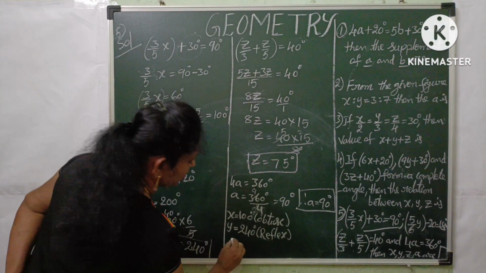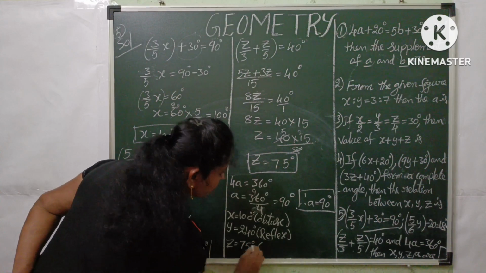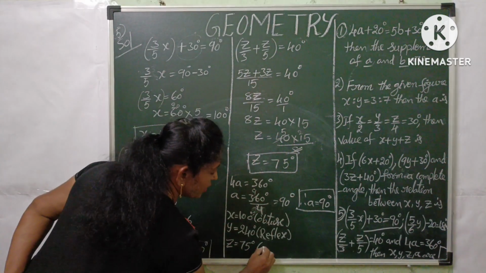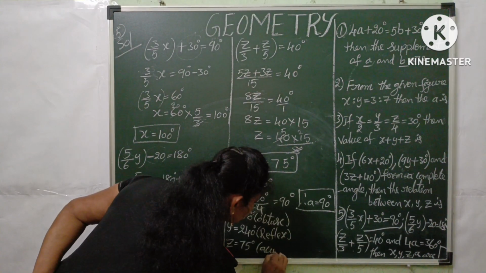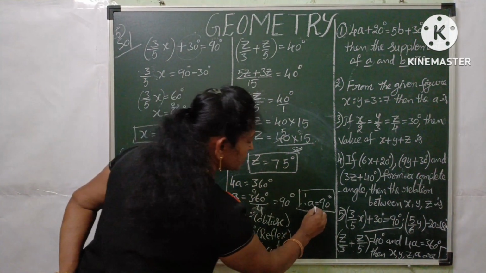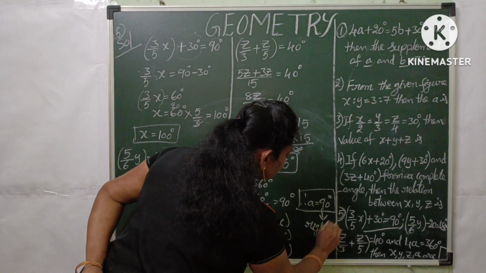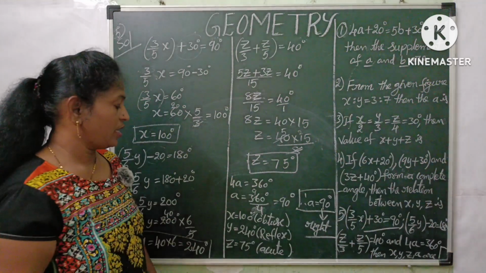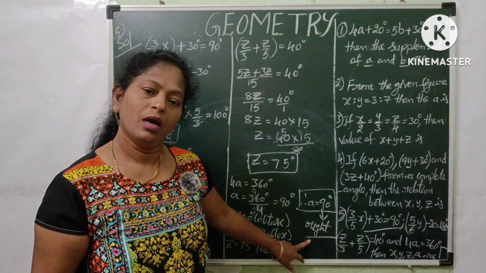Next, z equal to 75 degrees. It is an acute angle, less than 90. And a equal to 90 degrees, it is a right angle. So x, y, z, a are in the sequence: obtuse angle, reflex angle, acute angle and right angle.